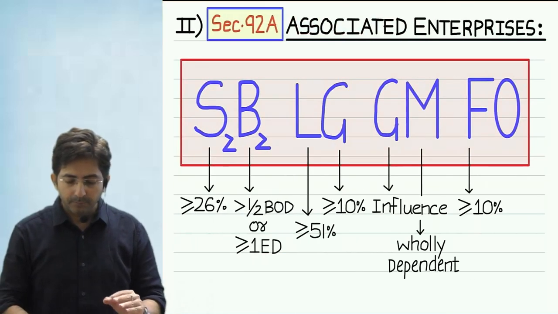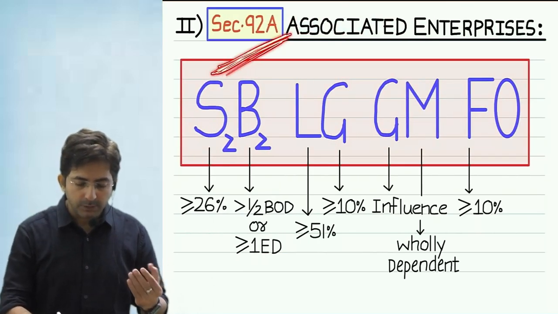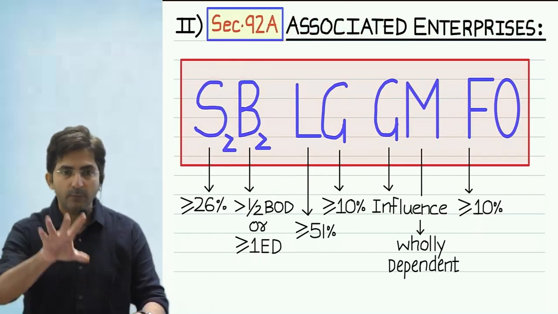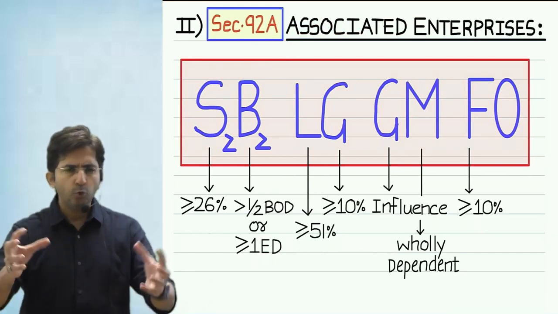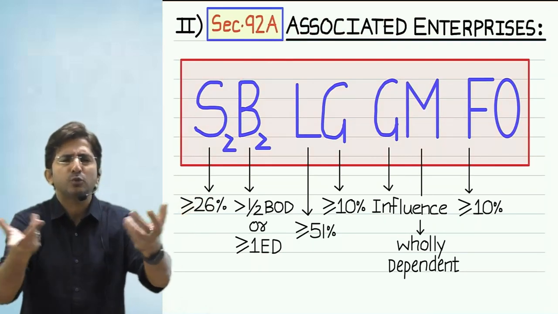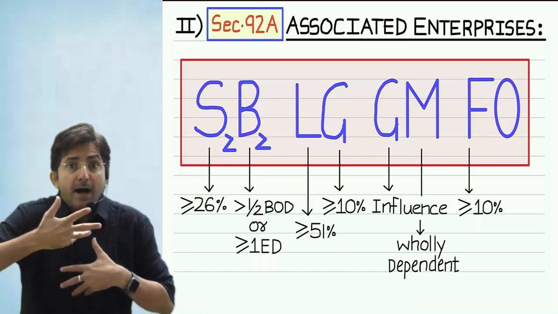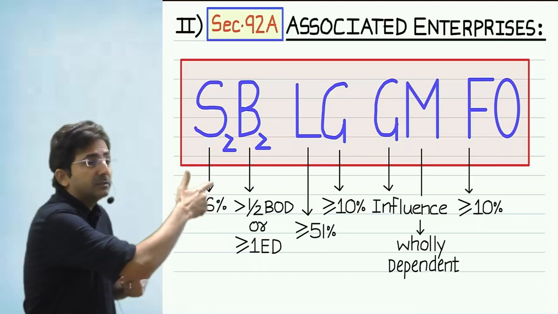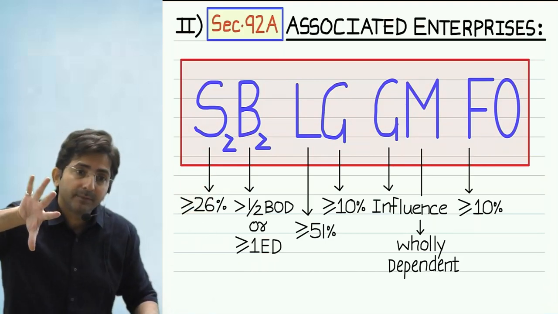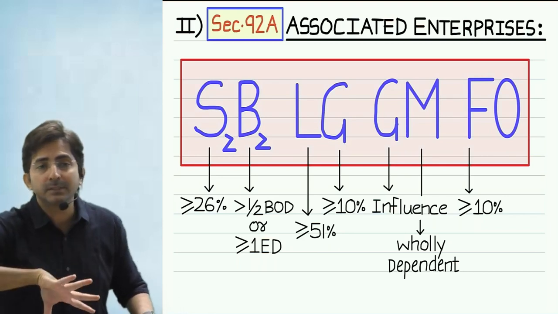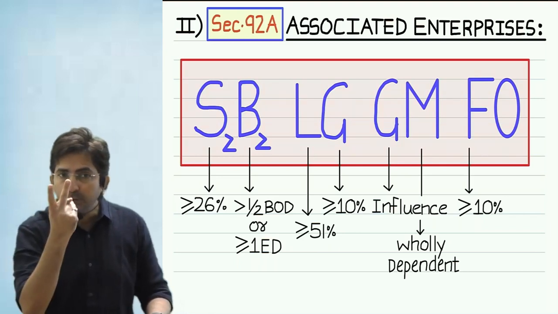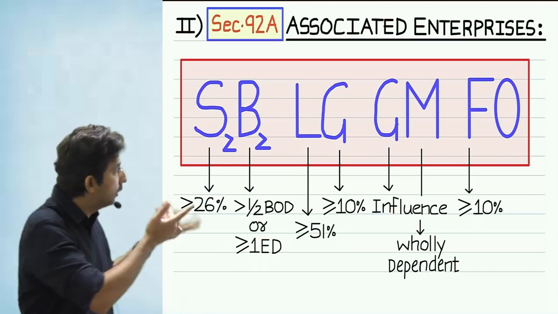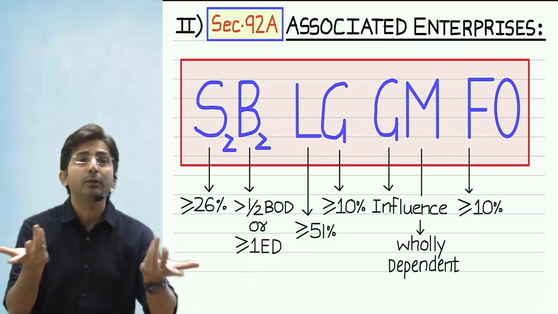In short, see, the provisions of section 92A, you know how it starts? Pay attention here. Two enterprises shall be treated as associated in any one of the following circumstances at any time during the previous year. Did you listen? Two things properly. In any one of the following circumstances at any time during the previous year.